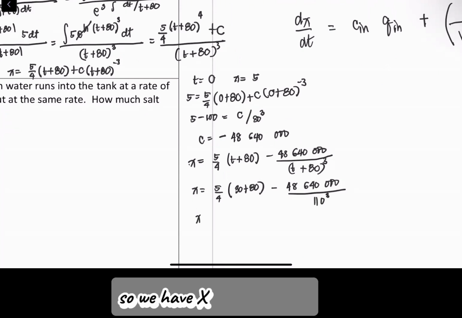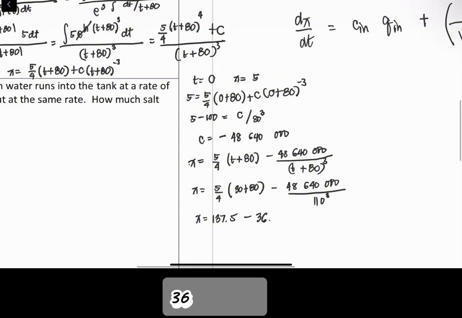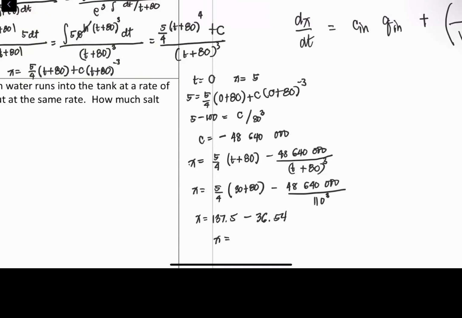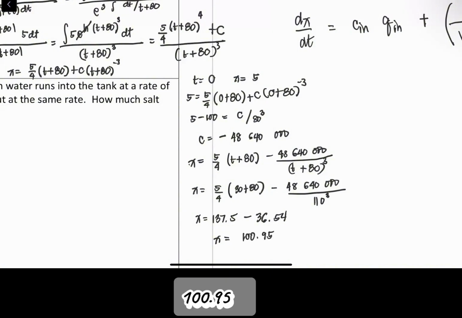So we have x is 137.5 minus 36.54. So x is 100.95 kilograms.